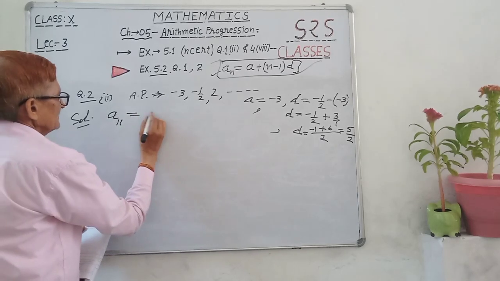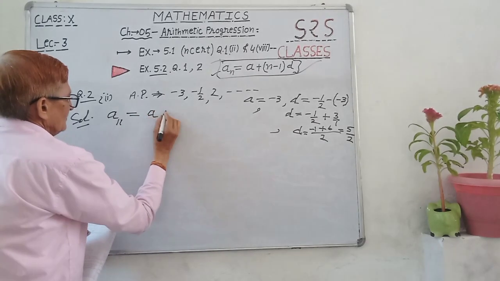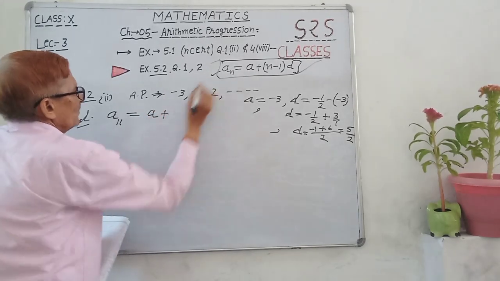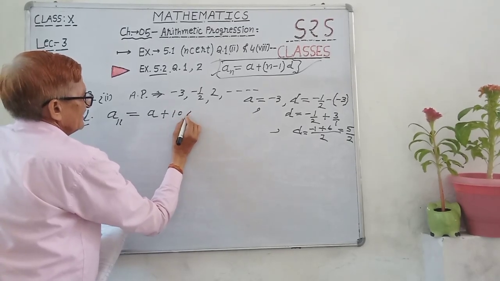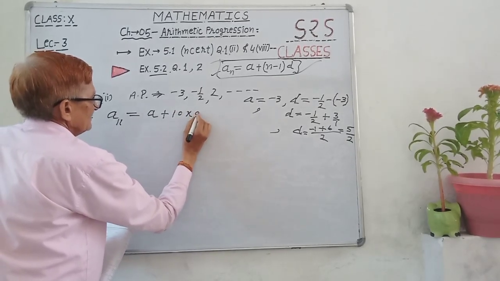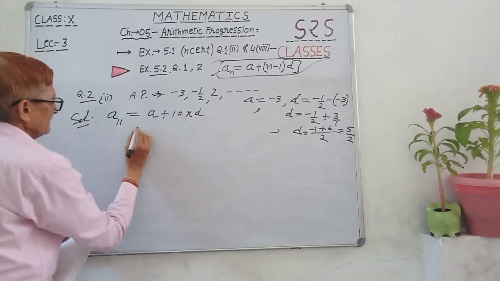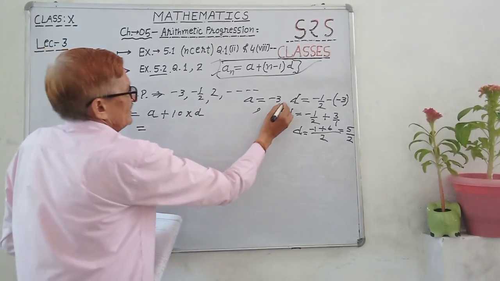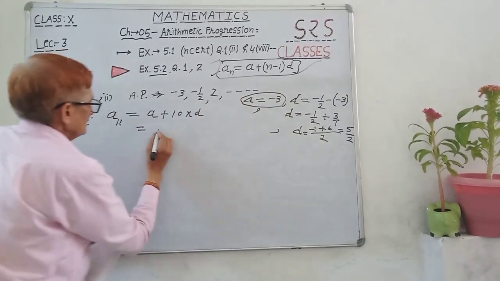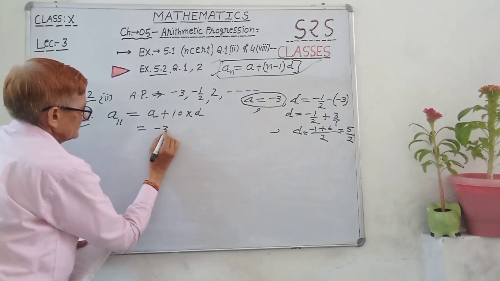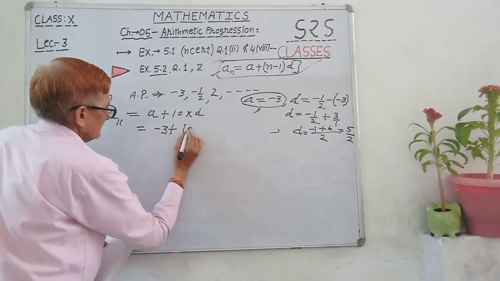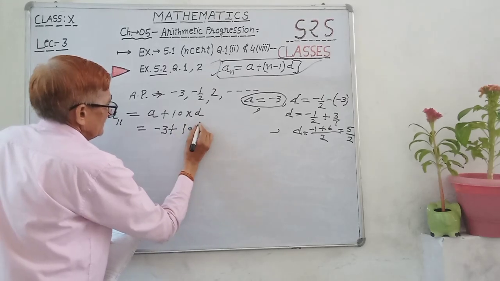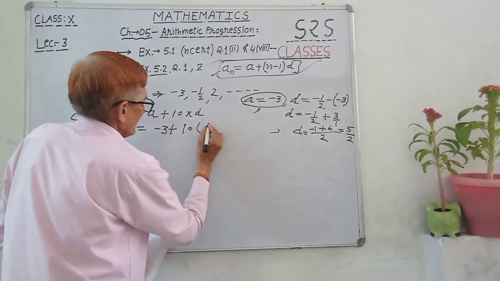A11 is equal to A plus, in the formula, 11 minus 1, 10 into D. A is minus 3, plus 10 into D, D is 5 by 2.